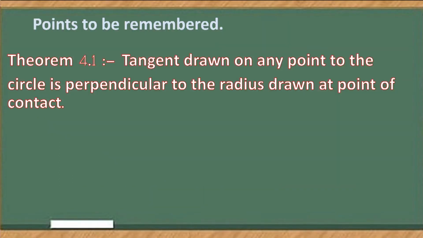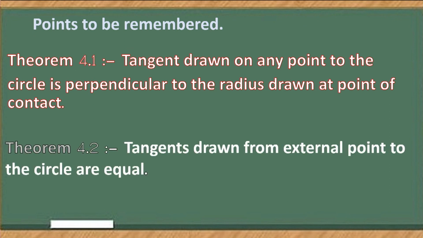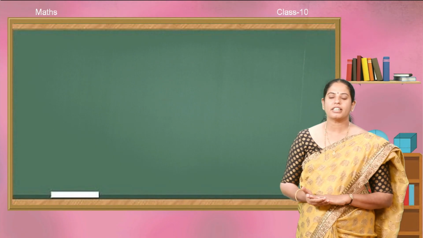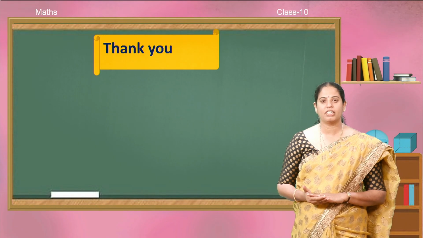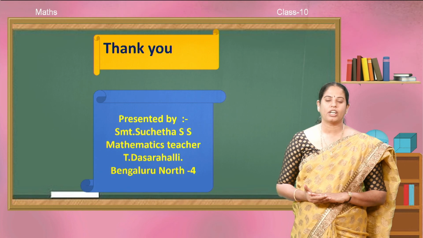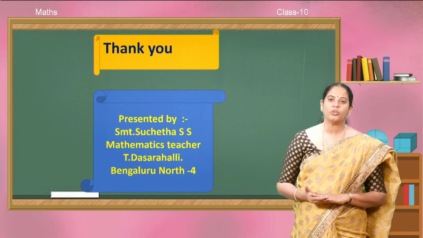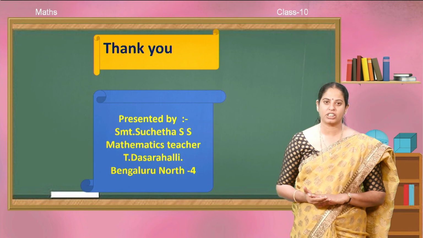Theorem 4.1 states that a tangent drawn at any point to the circle is perpendicular to the radius drawn at the point of contact. Theorem 4.2 states that tangents drawn from an external point to the circle are equal. So, these are the important things that we have learnt in this chapter. So, practice well and do well in the examination, children.